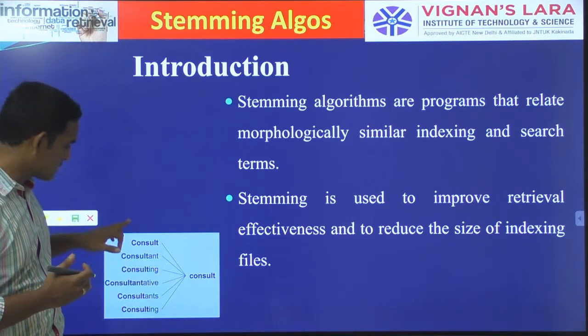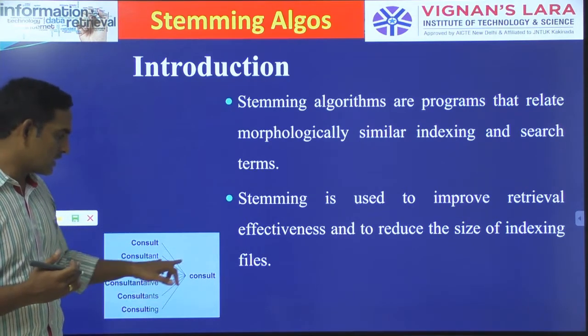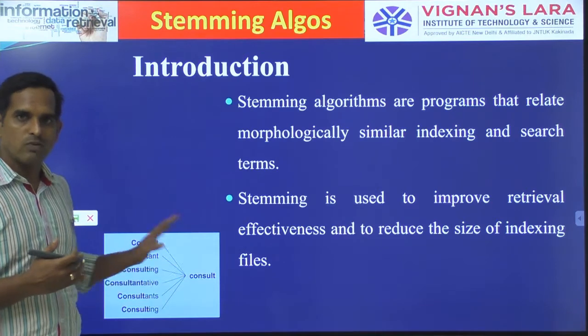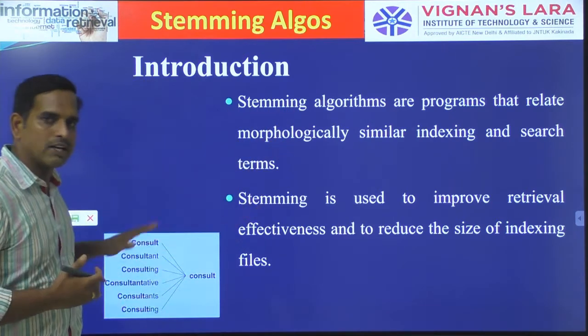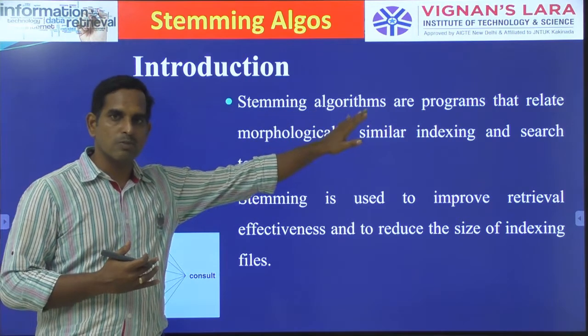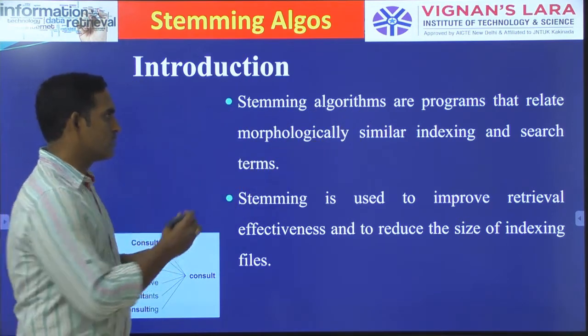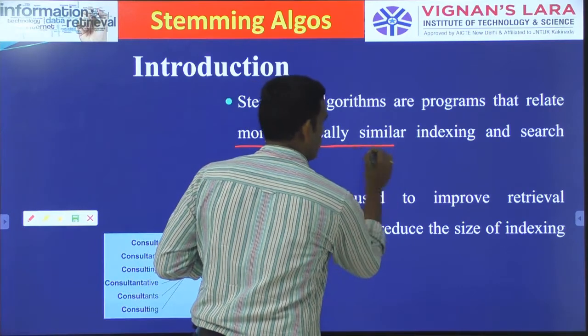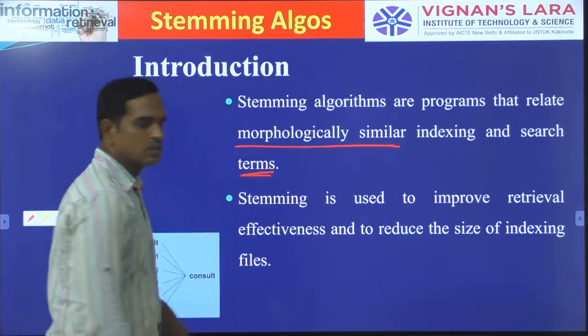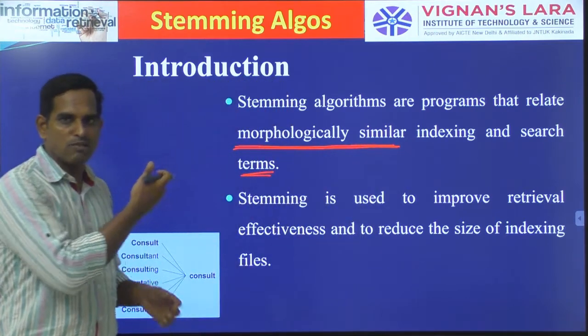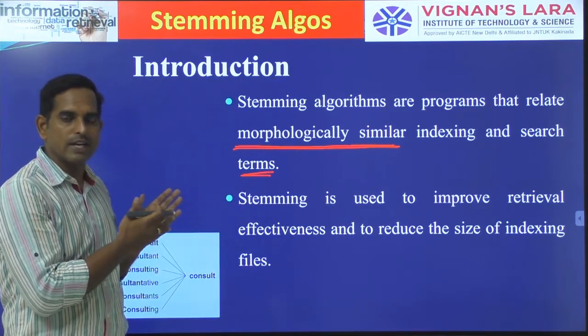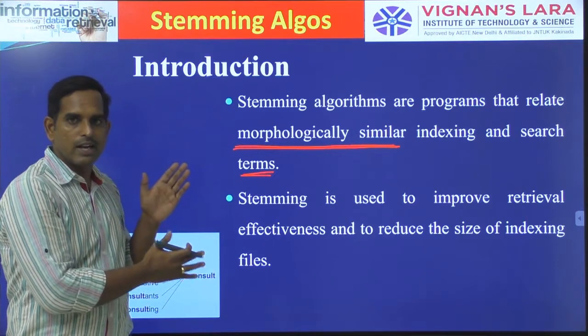Whenever you have similar terms like this, we can create one stem word, and that is called stemming. This is implemented using programs, where we should have morphologically similar terms, that is, when you break down that term, it should be similar.